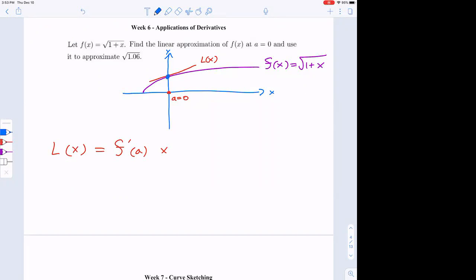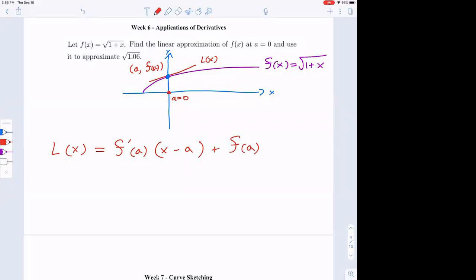If I draw it in, that point is a, comma f of a. So for whatever problem you do, you'll have that point available. So we can use the point-slope form of a line to write down the equation of the line. Okay, so there's my line.